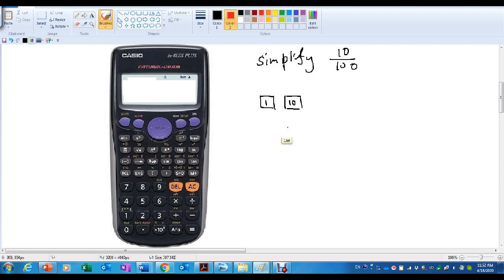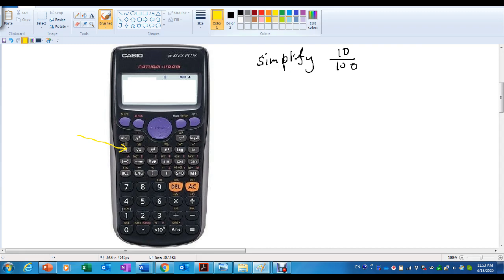Sorry, if you use this one, my fault. The first button you need to press is this one.